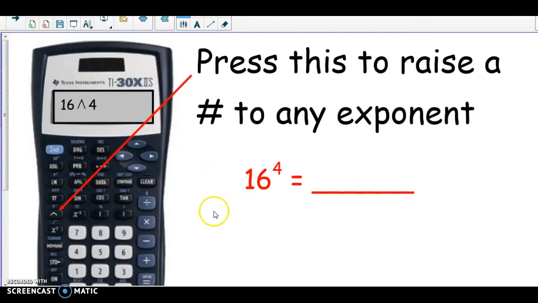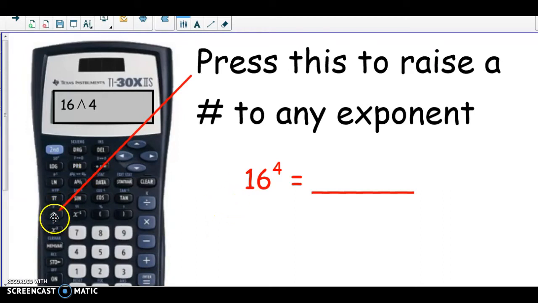There's another button to be aware of, and we call this the caret button. We press this button when we want to raise our number to any other exponent. It'll work for squaring, but usually we would use this if we want to raise it to a power that's higher than 2. So for example, if we were to calculate 16 to the 4th power, we would ordinarily have to type in 16 times 16 times 16 times 16, and it takes a long time.